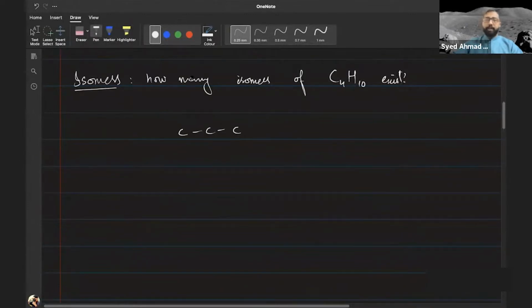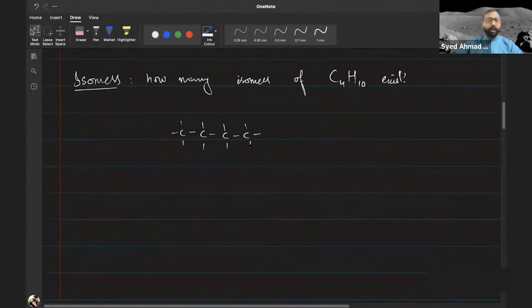First, join 4 carbons, make 4 carbons. We need to complete their bonds. Every carbon needs to have 4 bonds. This one has 1, so 1, 2, 3, 4. This one has 1, 2, 3, 4. This one has 1, 2, 3, 4. This one has 1, 2, 3, 4. Total bonds done. C4H10. I'm not writing hydrogen.